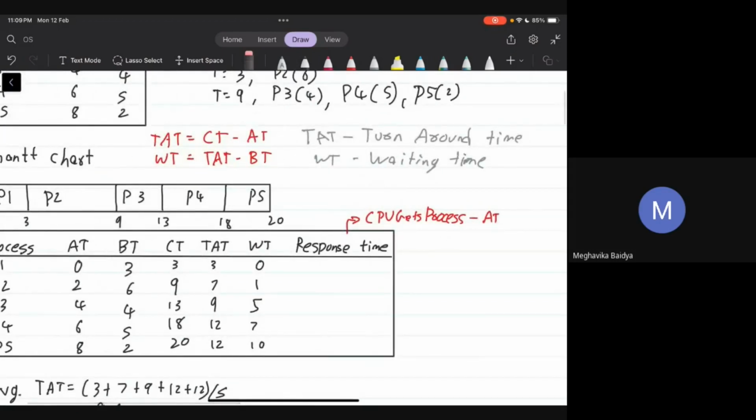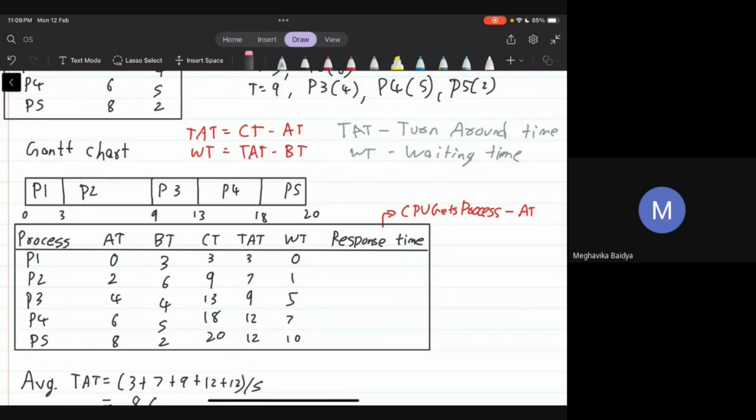For this, CPU gets processed for P1 is 0. That is, when does the particular process start its execution? P1 starts at 0, so you do 0 minus the arrival time, which is also 0. So 0 minus 0, you will get 0. We can do the same for the others.